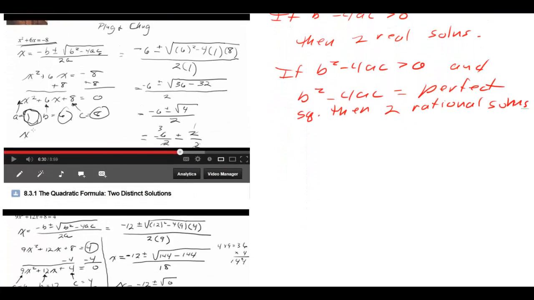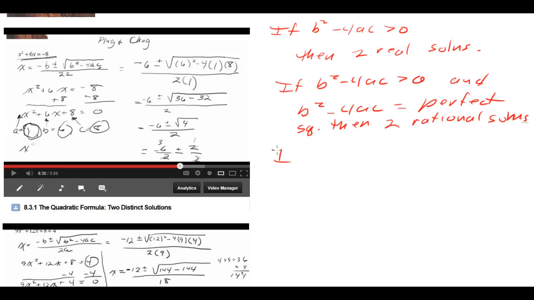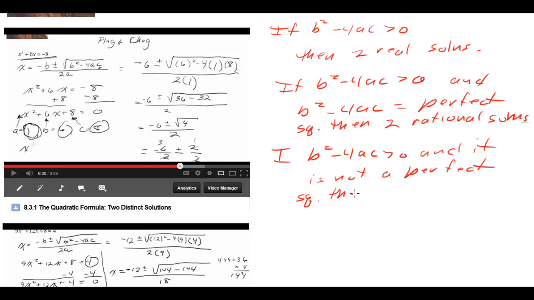And then, if the discriminant b squared minus 4ac is greater than 0 and it, meaning the discriminant, is not a perfect square, then you get two irrational solutions.